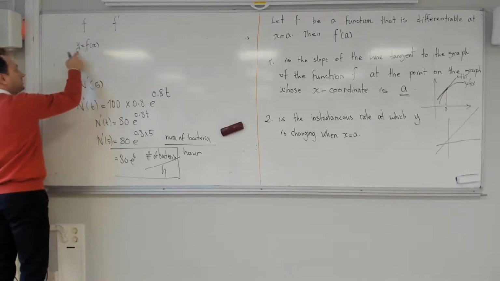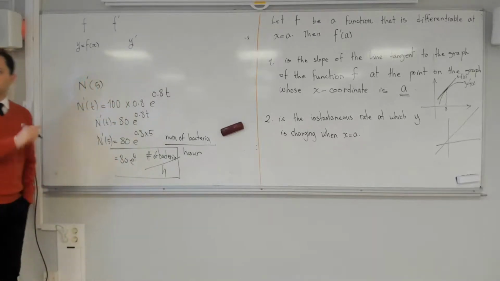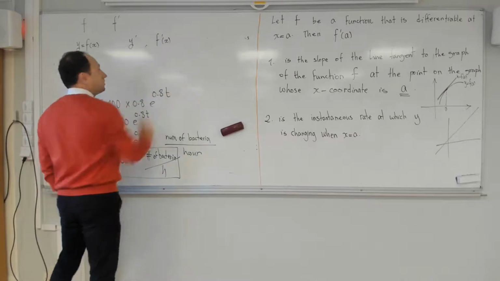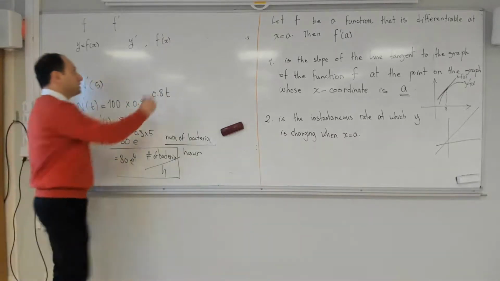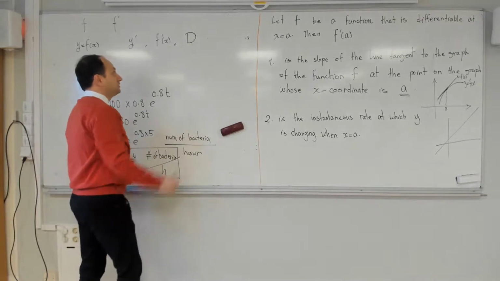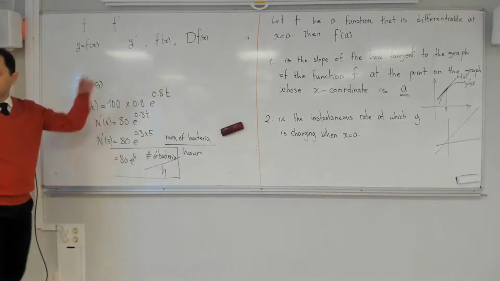For denoting the derivative, I can use y prime. That's okay. y prime is the derivative of f. I can use f prime of x. That's also okay. I can use this symbol, which is also used in Europe: I put a capital D for derivative, and then I put f of x in front. That is also very important to know.